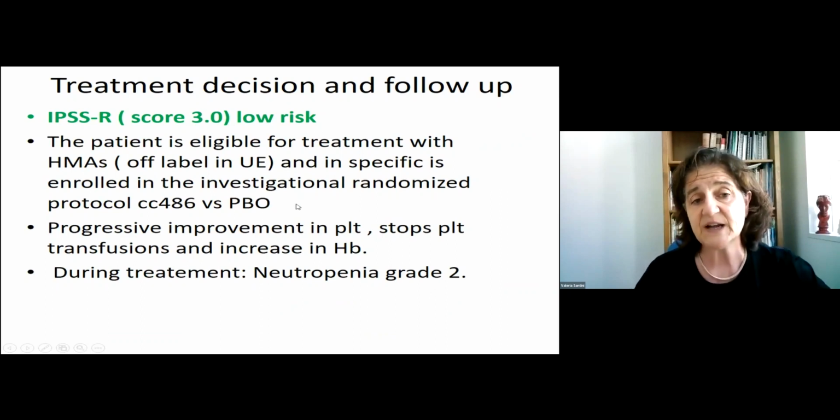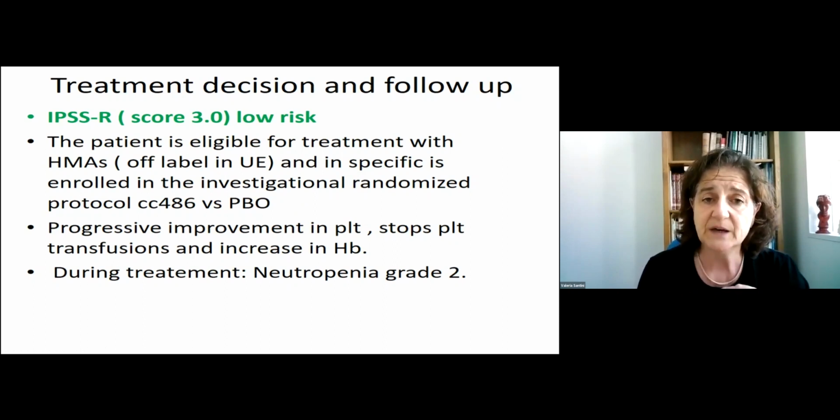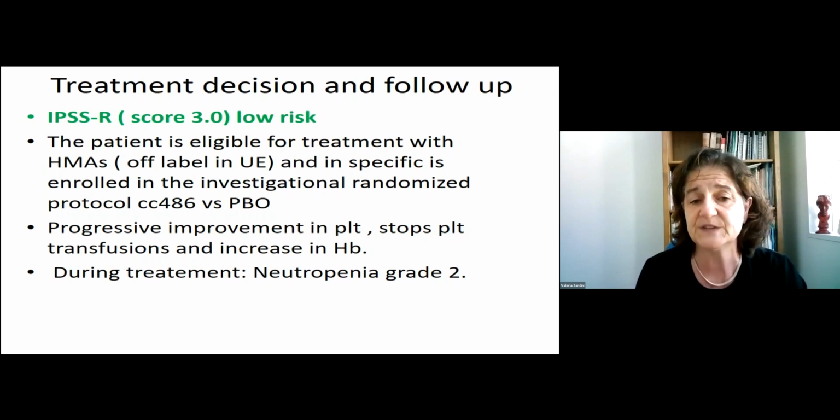And HMAs are off-label in Europe, but in this case, we considered that this could really be the solution and a good treatment for the patient who is losing response to ESAs and has severe thrombocytopenia. And specifically, we enrolled the patient in the investigational randomized protocol CC486, oral azacitidine versus placebo.